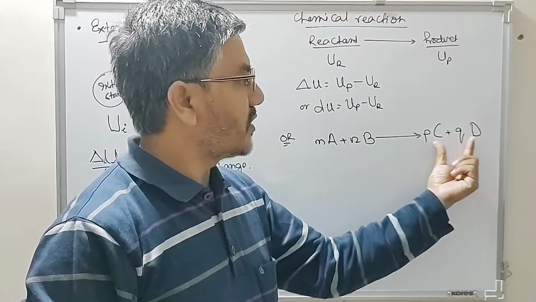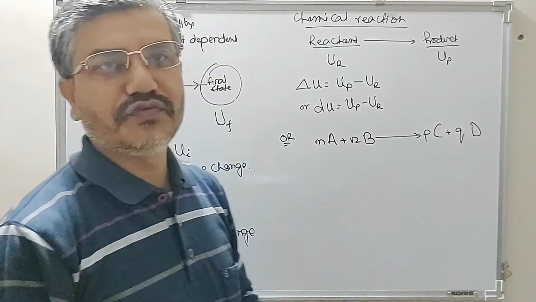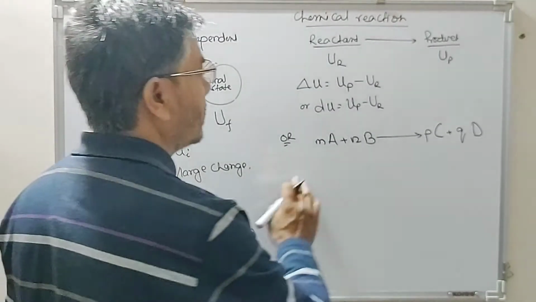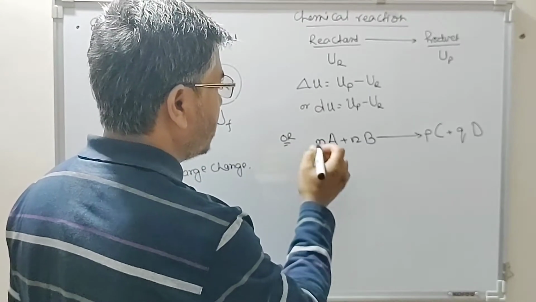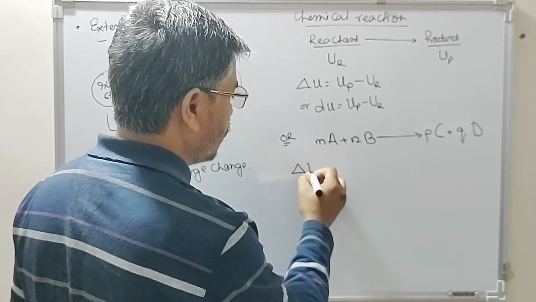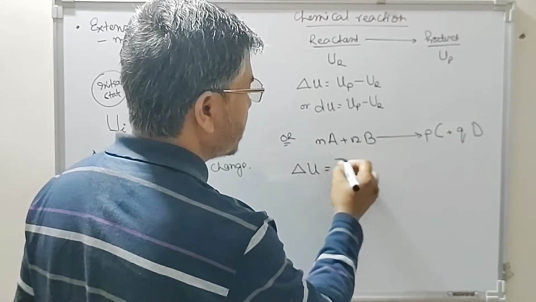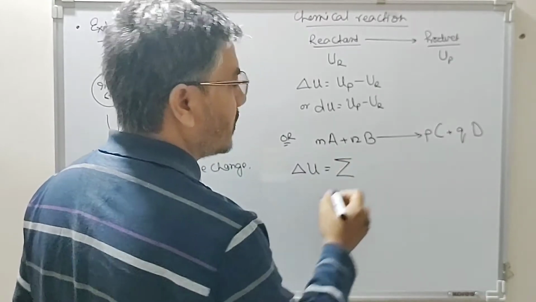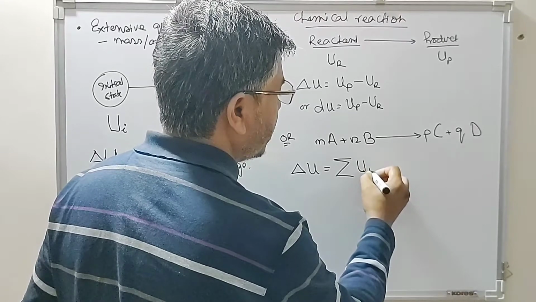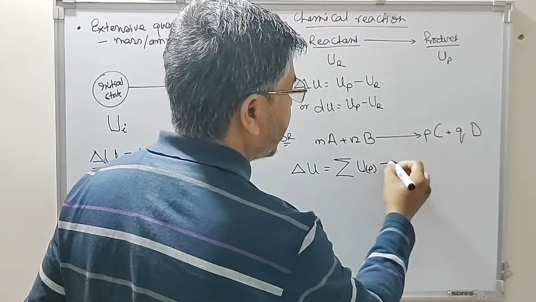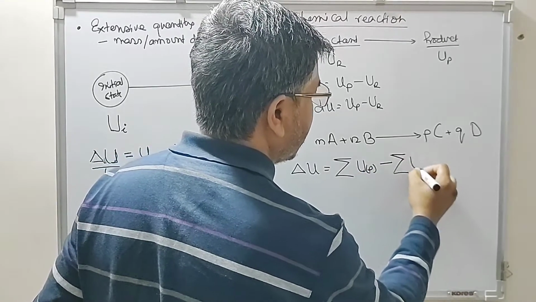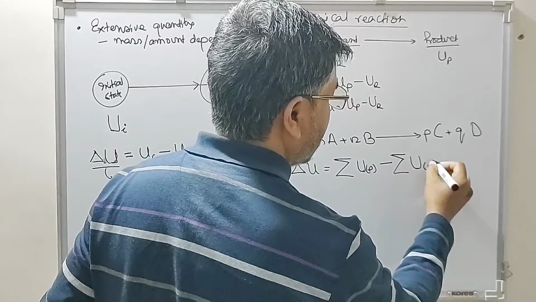C and D are the products, p and q are the stoichiometric coefficients. Then delta U equals the summation of the internal energies of the products minus the summation of the internal energies of the reactants.